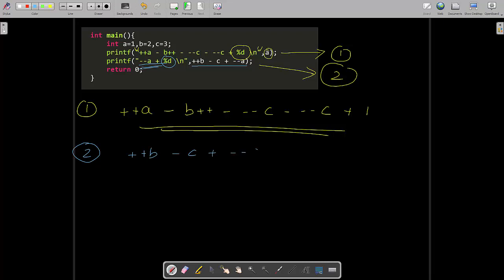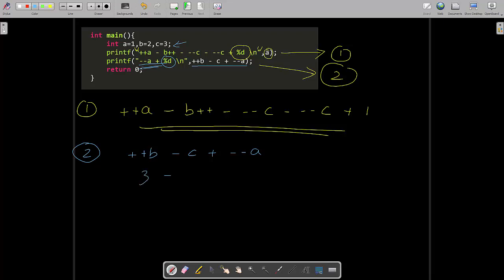Now since b, c and a have not changed in the previous expression, the values are going to remain the same right now, that is a equal to 1, b equal to 2 and c equal to 3. So let us just substitute these over here. Right now the value of b is 2, so plus plus b, that is pre-increment, will become 3.